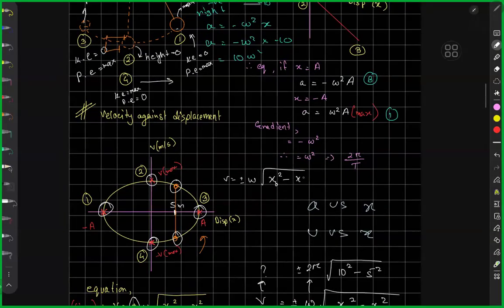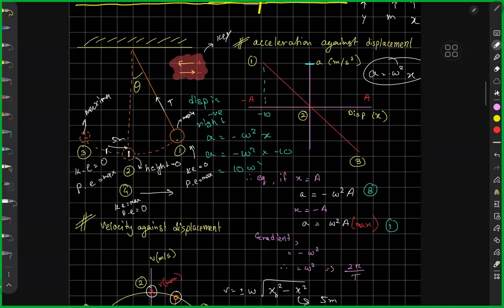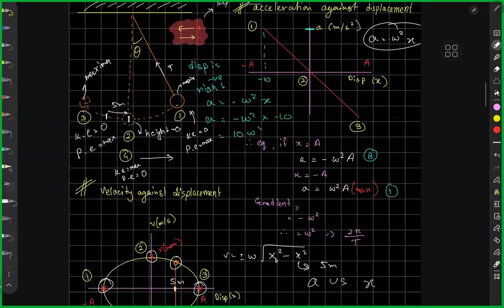So now let's say the question tells you, you want to find out the velocity at displacement equal to 5 meters. Okay. So what is 5 meters of displacement? It would be somewhere around here. This would be positive 5 meters of displacement because this is leftwards. So left we consider positive over here. So displacement is left of the equilibrium, positive 5.